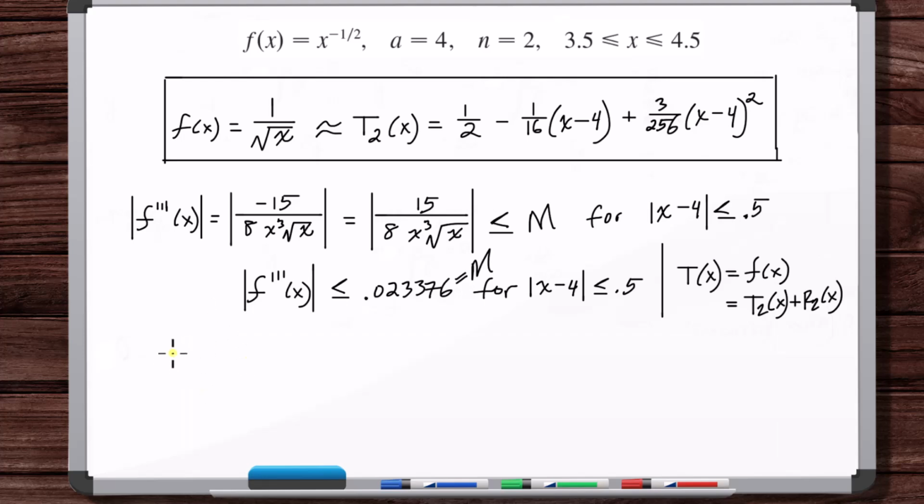Okay, so the absolute value of R sub 2 of x is less than or equal to, so it was n plus 1 factorial, and then capital M up here, and then it was times the absolute value of x minus the center point to the n plus 1.